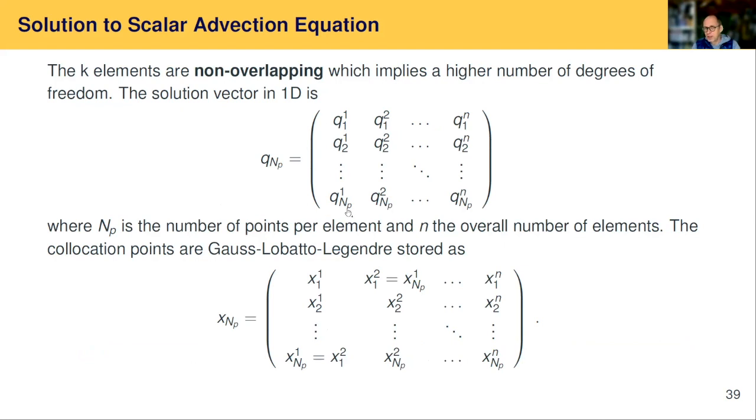You could also, in principle, put this into a vector, but you have to be sure that this is the value at the edge of the first element, and this is the value at the beginning of the second element, and they are different. Remember, in the spectral element method, they were the same. Here they are different.